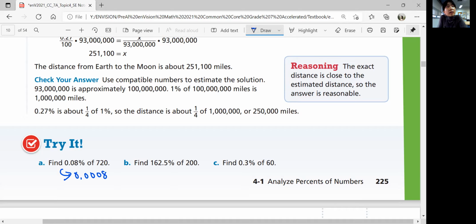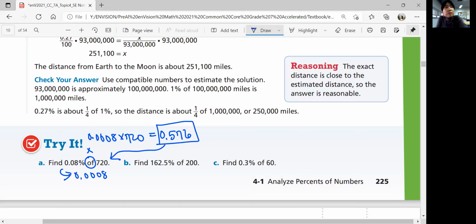If you multiply 0.0008 times 720, that is 0.08% of 720. And remember, of means multiply. If you multiply those numbers, you should get 0.576. 0.576 is your answer for A.